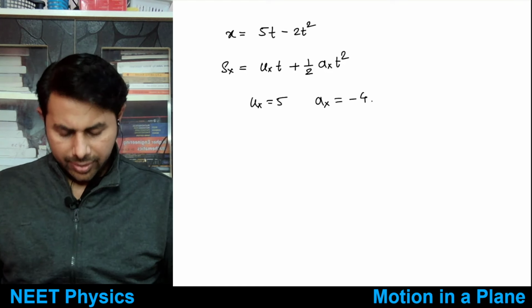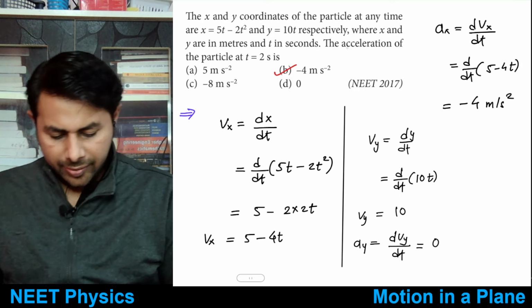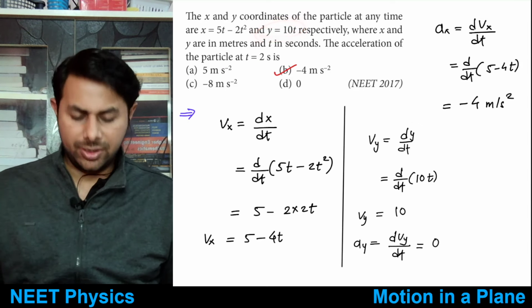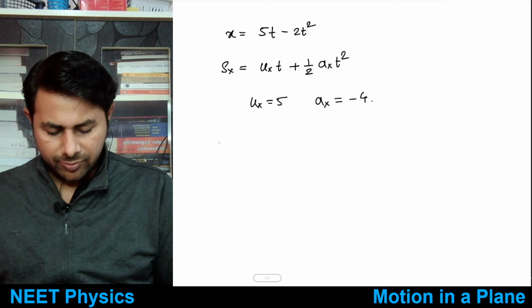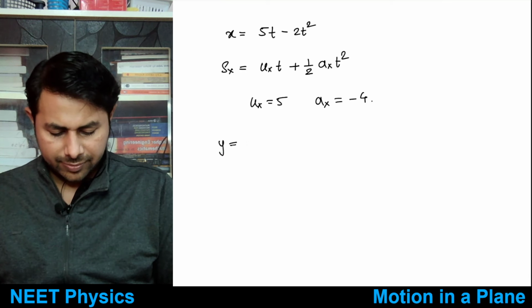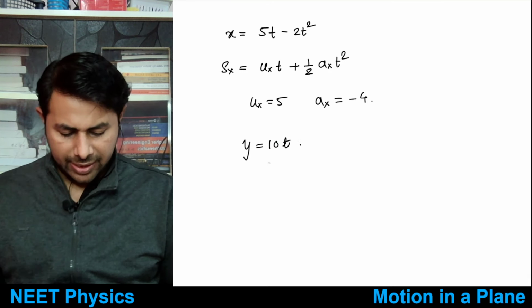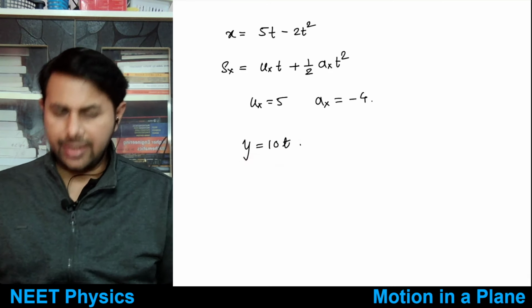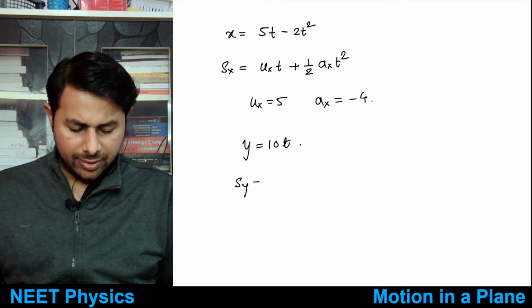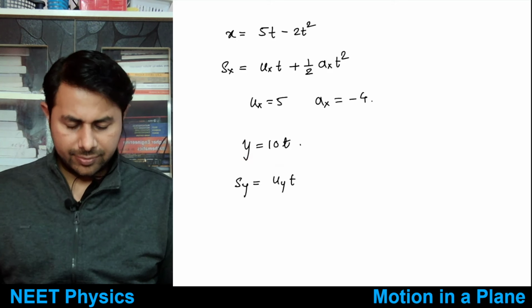Okay, good. Then what about ay, acceleration in y direction? So y is just equal to 10 times t. You can compare this with sy is equal to uy times t.